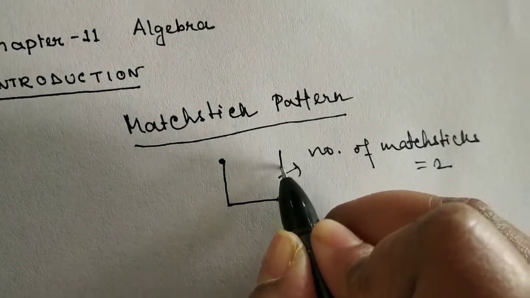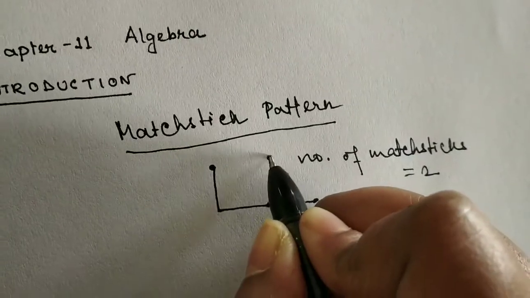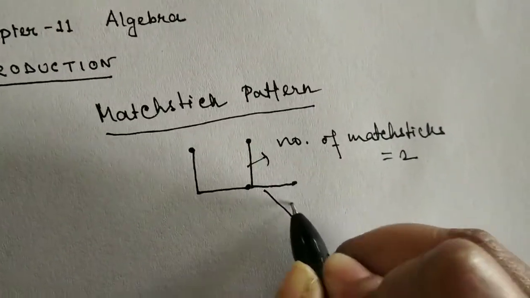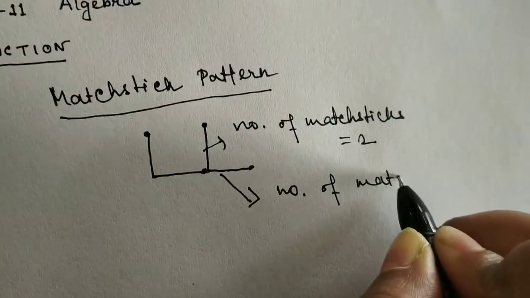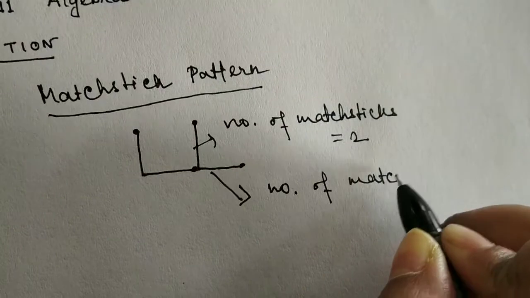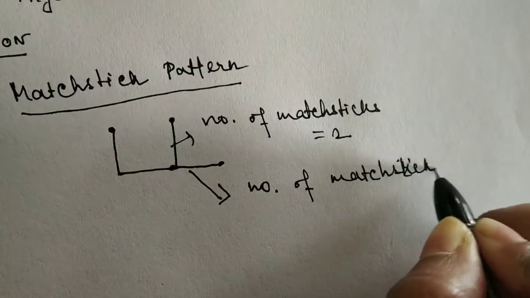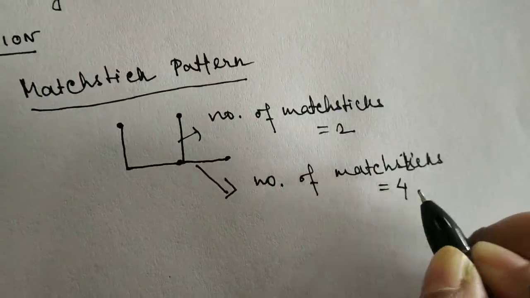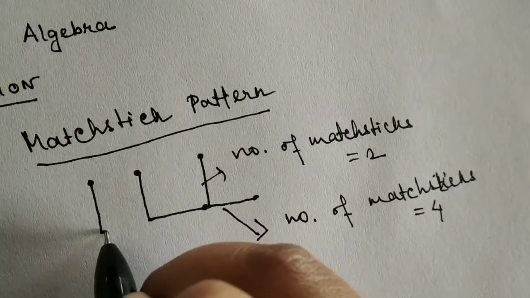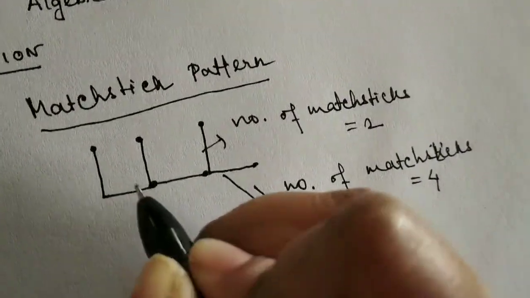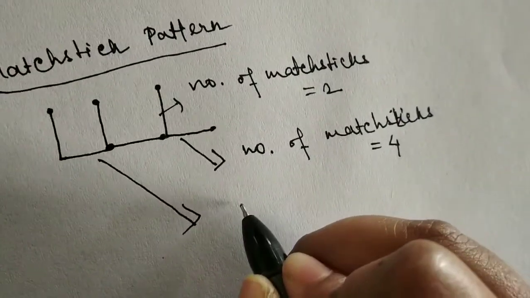Now in this, number of matchsticks are 4, all total. If I take one more like this, that means in this we have number of matchsticks are 6.